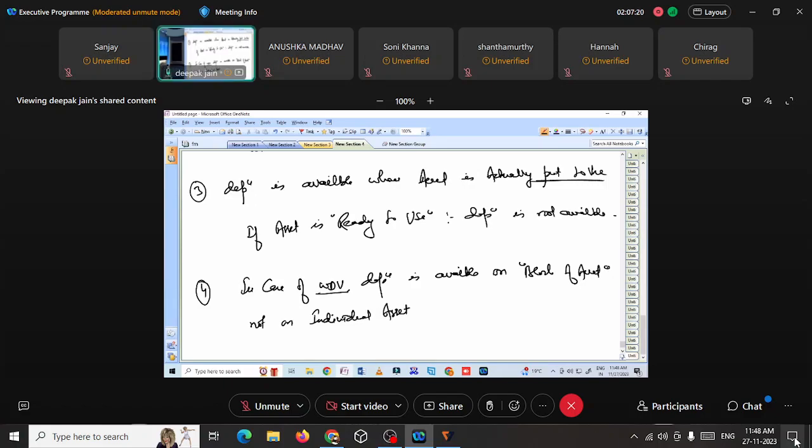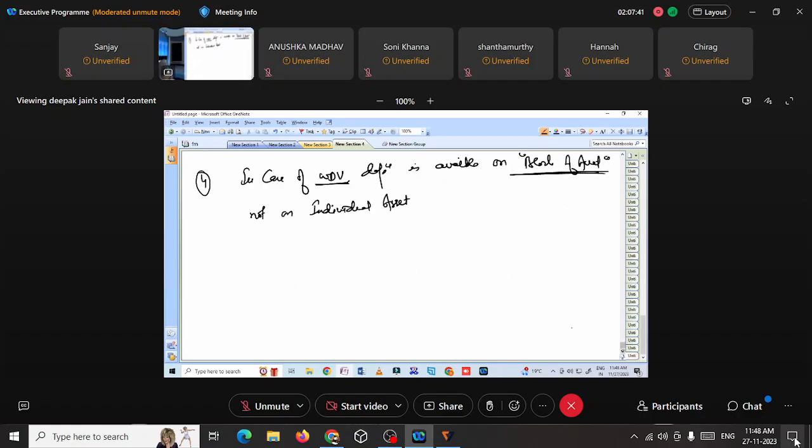In case of WDV, depreciation shall be available on block of asset. Any idea, beta, what is block of asset?